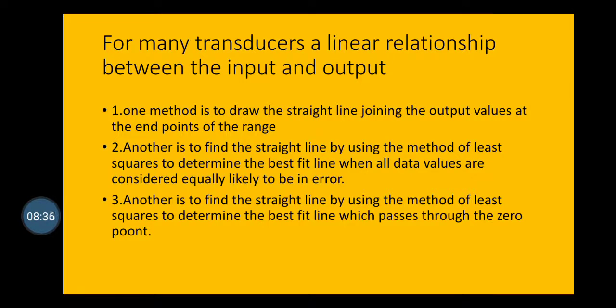Third one, another is to find the straight line by using the method of least squares to determine the best fit line which passes through the zero point. That is the non-linearity errors.